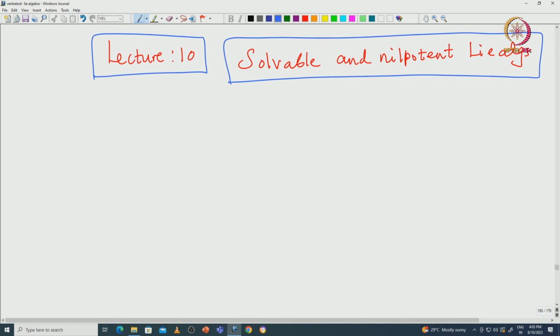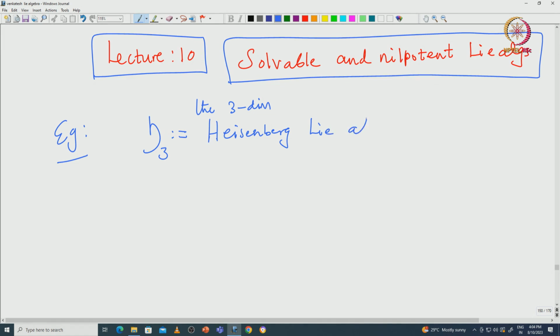First, let us look at the Heisenberg algebra. Let me use the notation H3 to denote the 3 dimensional Heisenberg Lie algebra, because later I will be talking about some higher dimensional Heisenberg algebras.